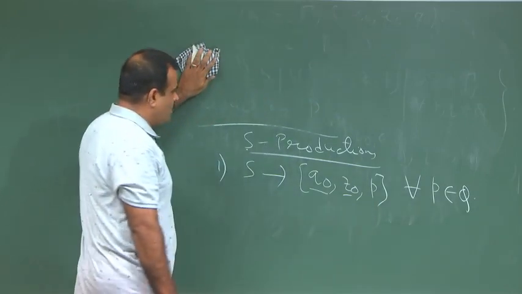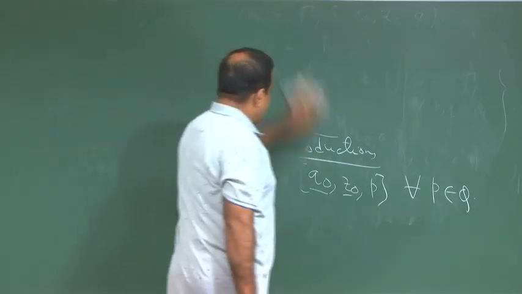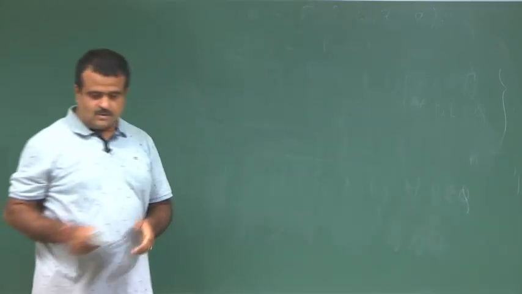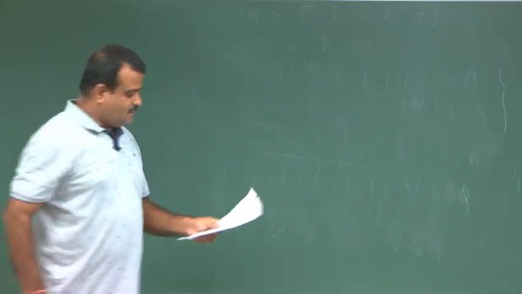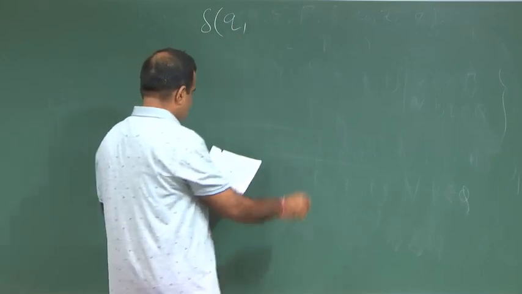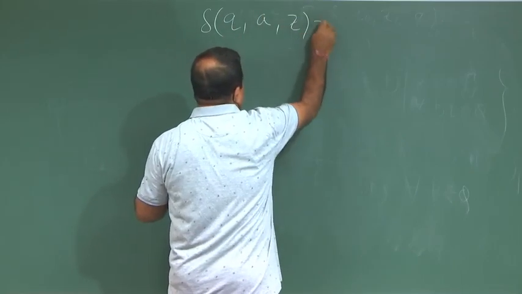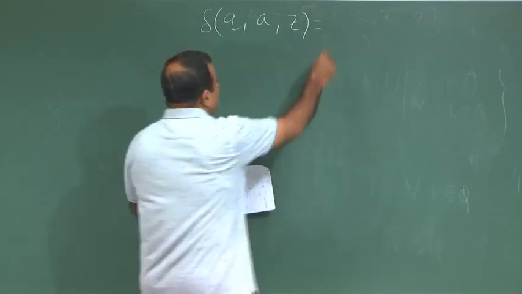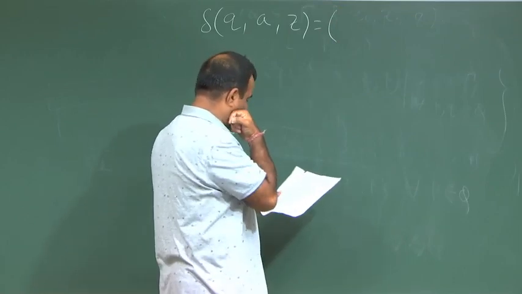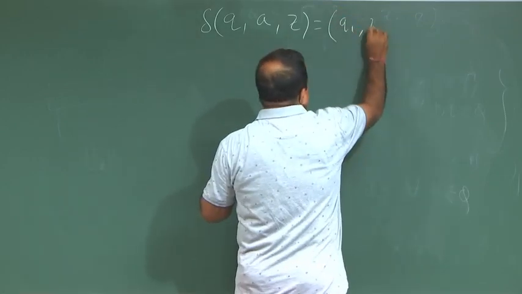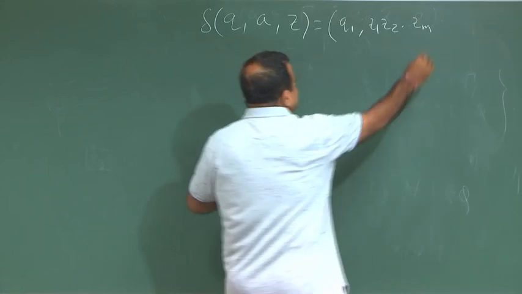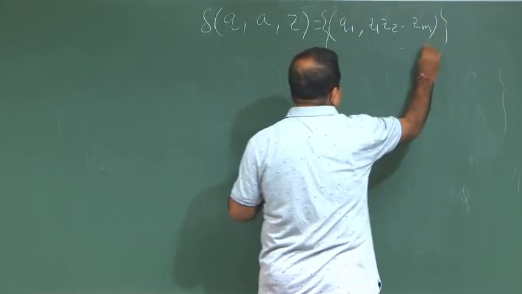The other productions will be coming from the transition functions. Transition functions means, suppose we have a transition like this: delta of Q, where A is the input symbol and Z is the stack symbol, and suppose this is going to some Q 1, Z 1, Z 2, ..., Z m, and there may be others also.